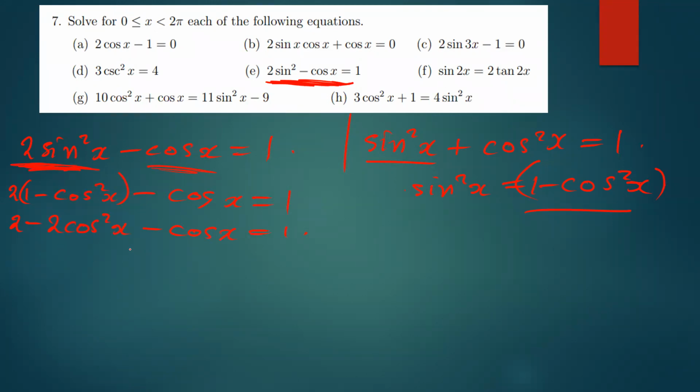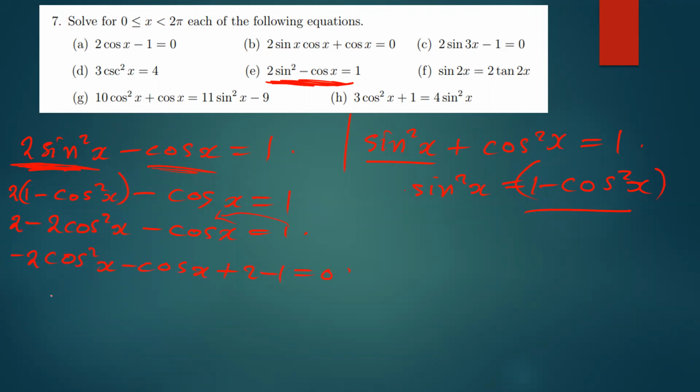When you look at this equation, you can agree with me that this is a quadratic equation. So we have negative 2 cos squared x, then minus cos x, then we have this 2 there, plus 2. Then we can take this 1 to the other side of the equal sign so that it becomes minus 1 is equal to 0.